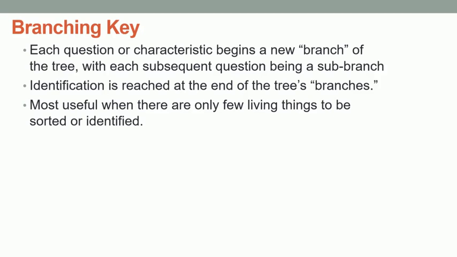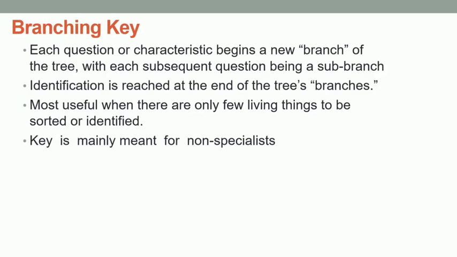Now this key is most useful when there are only few organisms to be identified. So this is the limitation of this key, that it can be useful when the number of organisms to be identified is very small.